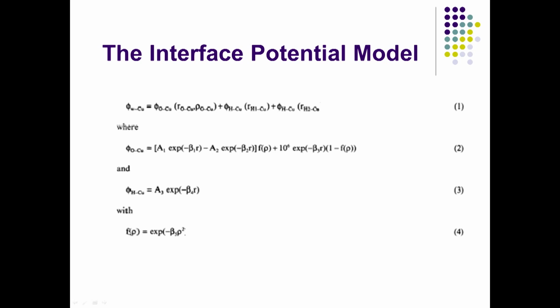We will talk more about it when we get to that, but with some of these exponential functions we are able to very accurately understand the binding energy between the water molecule and the copper surface, and that is how the interface potential is created, and most of the problems you will encounter involve this interface.